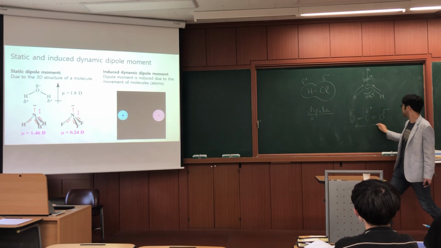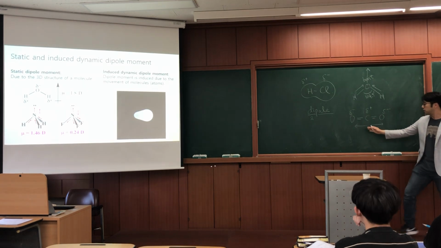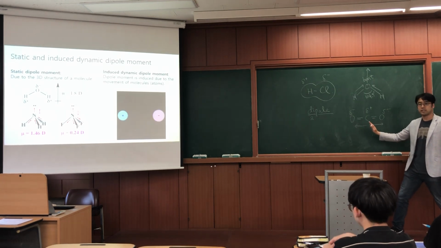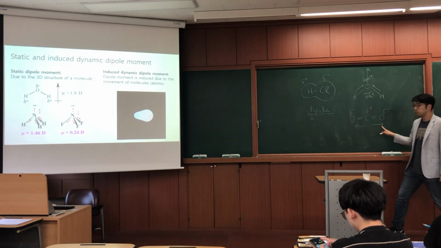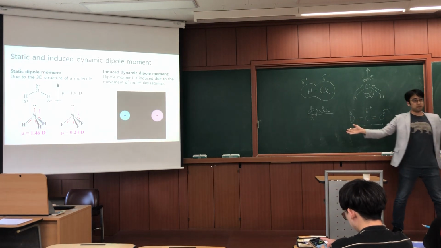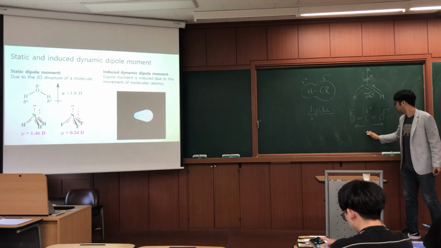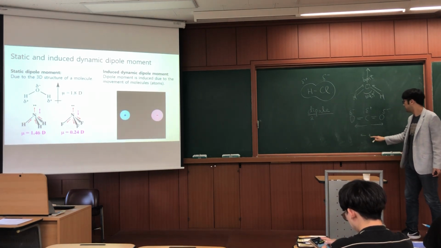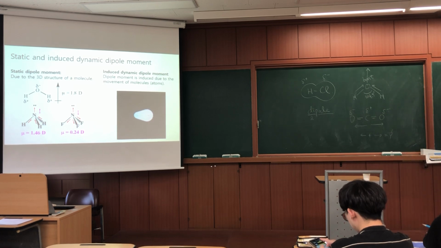So they have two dipole moments, but the directions of the dipole moments are exactly opposite. Their magnitudes are the same, but the directions are opposite. So there are just two vectors, and this vector plus this vector results in 0.